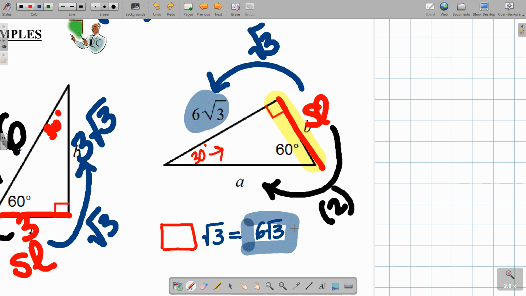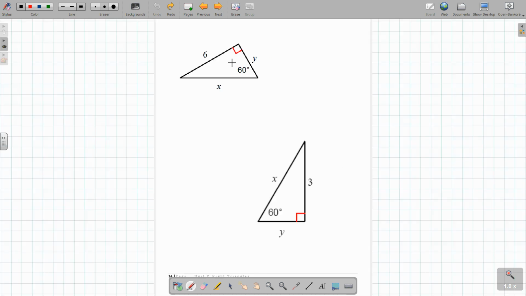Some unknown number times root 3 is 6 root 3. You should see that your unknown number here would be 6. So we put a 6 there. And then 6 times 2 is 12.